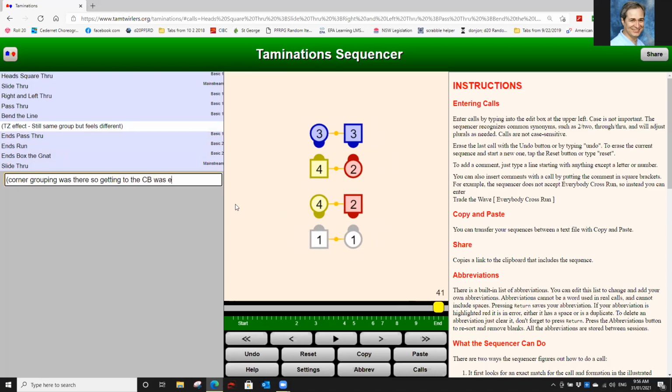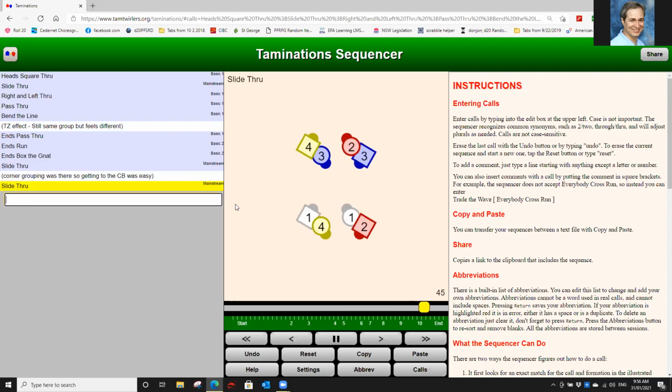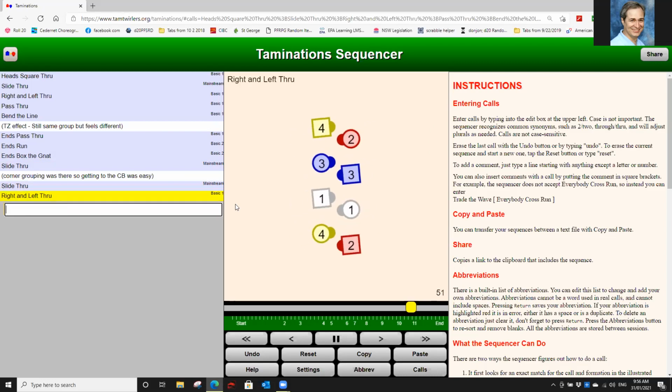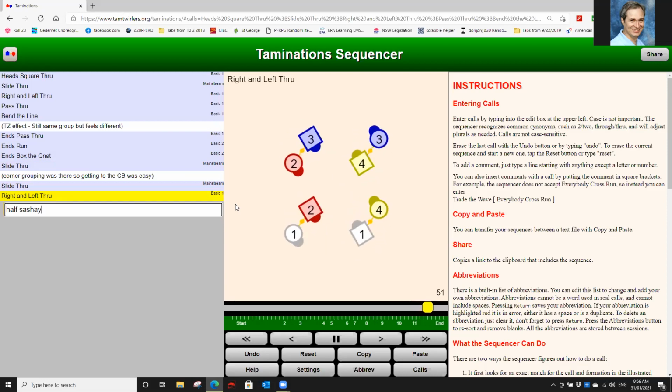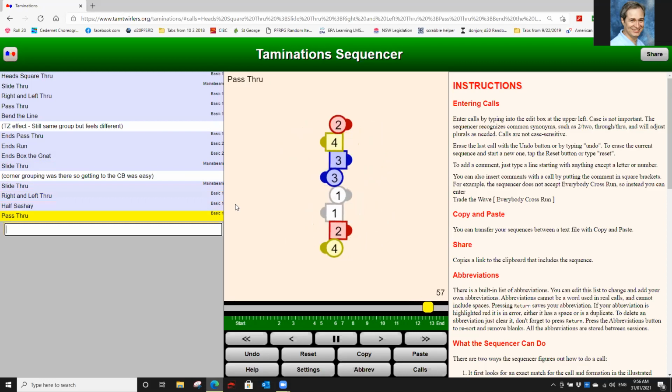Here's another half-hearted twist in the other direction. How about from here, slide through, right and left through, and half sashay. Pass through, bend the line.